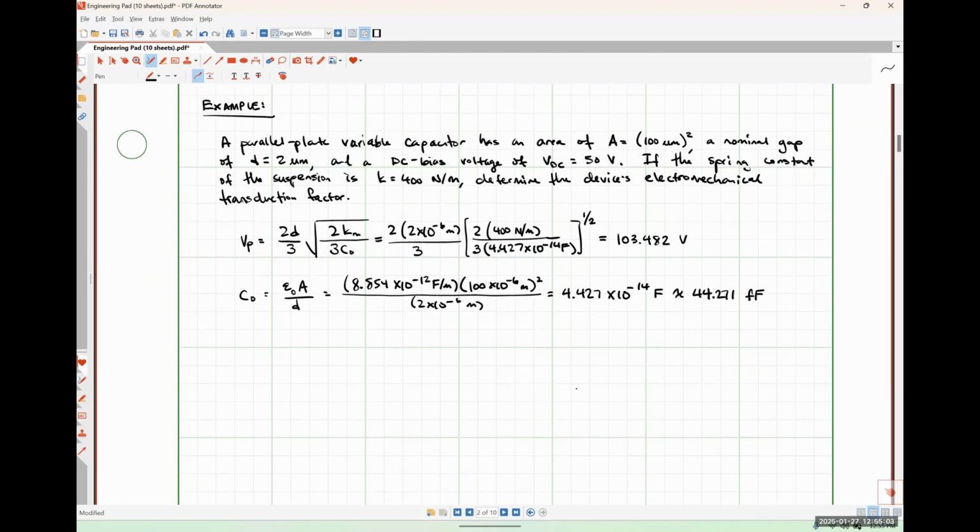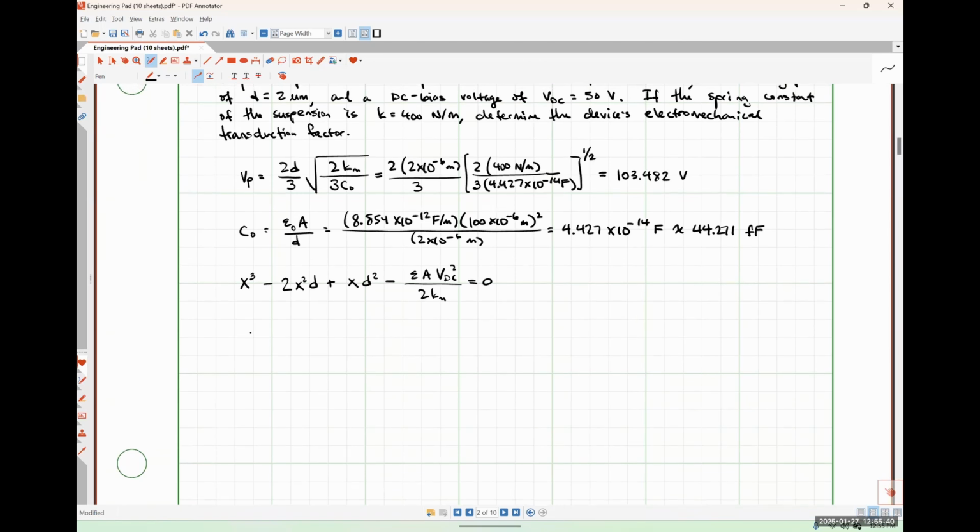As part of our derivation of pull-in effects, we derived an expression where we have x cubed minus 2x squared d plus x d squared minus epsilon a times our applied voltage, which in this case is VDC, quantity squared, over twice Km, is equal to 0. A third order polynomial, and I'm just going to go ahead and give you the 3 solutions that I found.